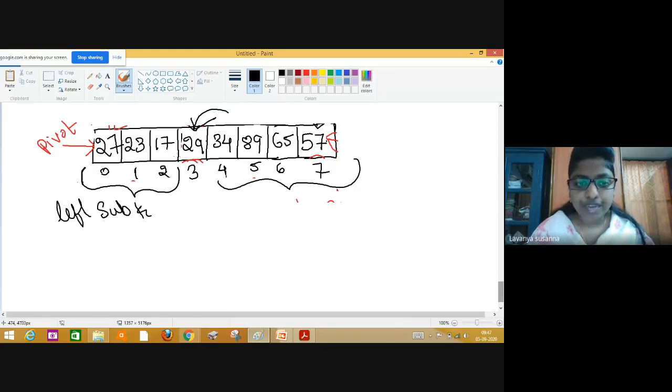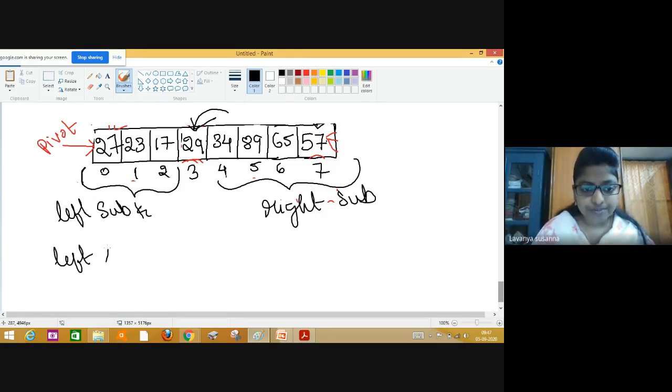Now, when you have swapped the pivot element, the list is divided into 2 halves, the left sublist and the right sublist of the pivot element. Now what you have to do? Again, for the left sublist, apply quicksort. Again repeat from step 1.